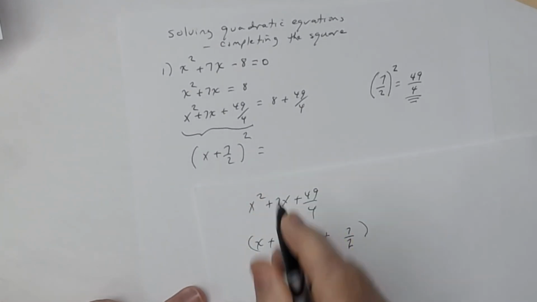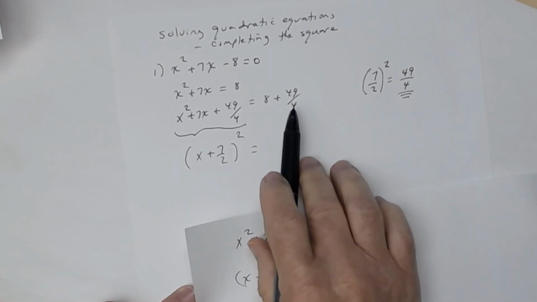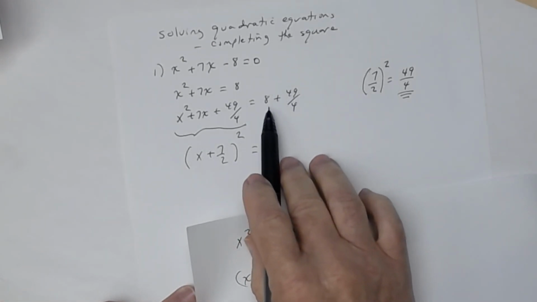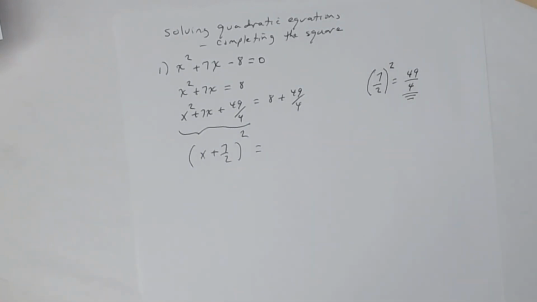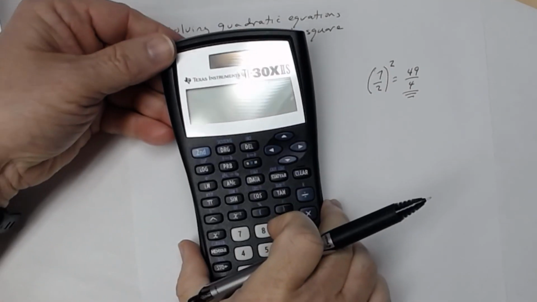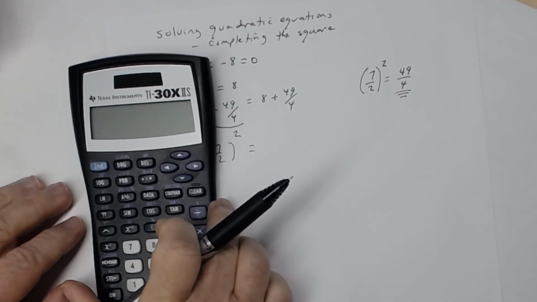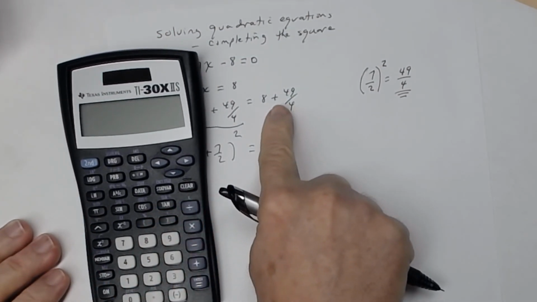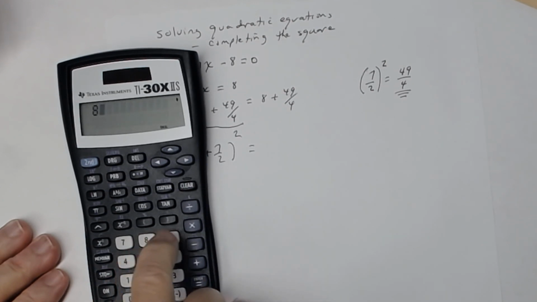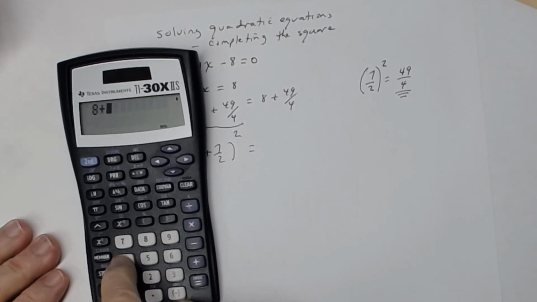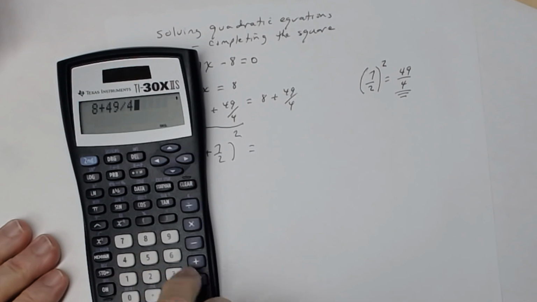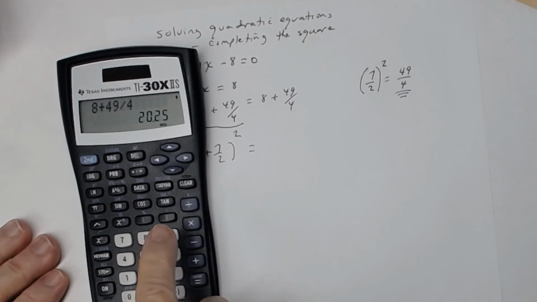And that's going to equal, now I've got to do some work over here. I've got to add these two fractions. Well, remember you have access to a scientific calculator right here. So let's go ahead and do that. All you really need to do is say 8 plus 49 divided by 4 equals, and you get this decimal.